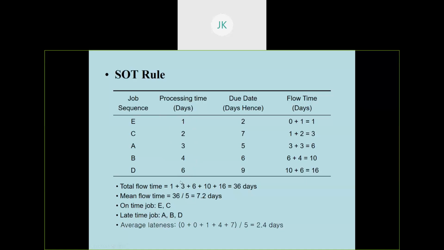Then total flow time will be 1, 3, 6, 10, 16, so 36 total flow time. Mean flow time, divided by 5, equals 7.2. E and C meet the due date, and the others are 1 day late, 4 days late, 7 days late. So E and C meet the due date, A, B, D are late, and average lateness is 2.4.